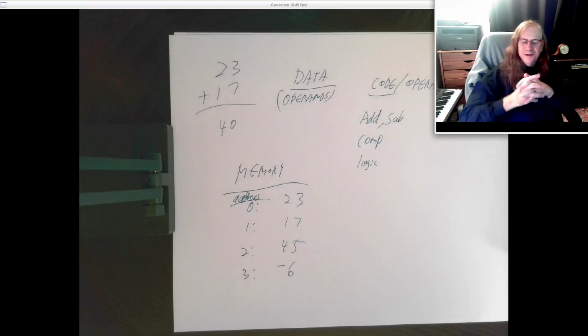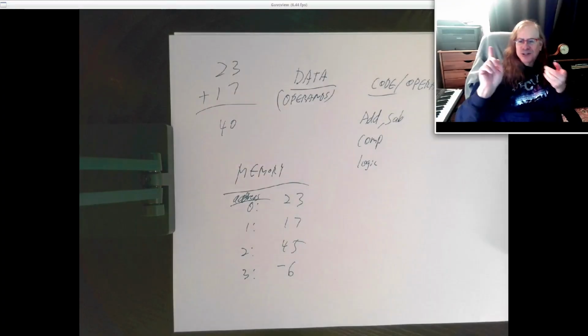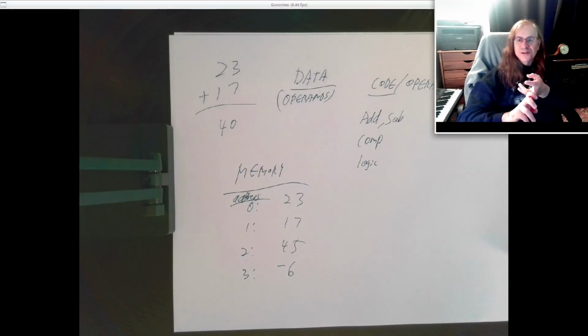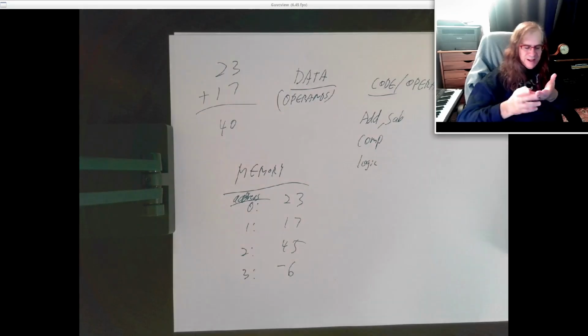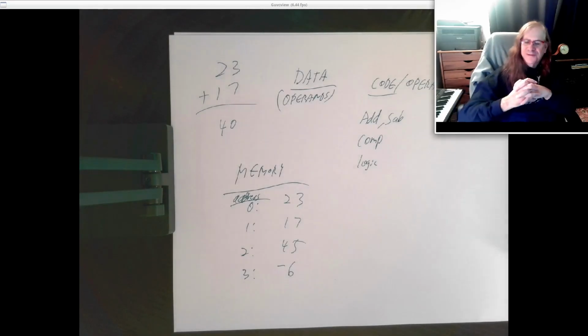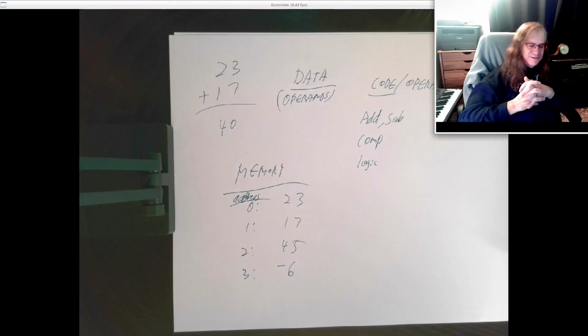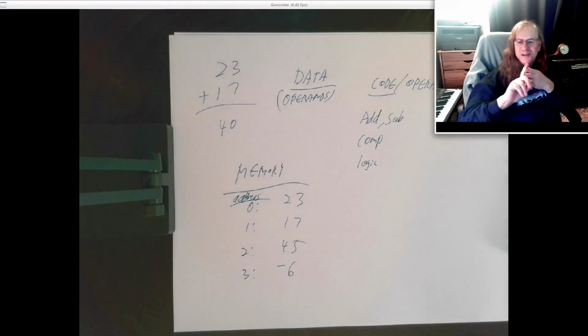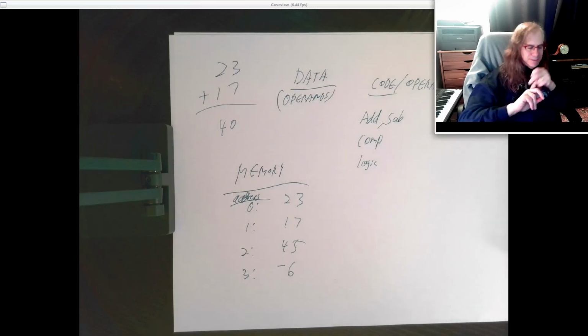We have a computer memory which stores data and also stores code, right? And that's the real power of the way computers have been designed for almost 100 years now, this idea of storing your program in the same place that you store the data that the program operates on.